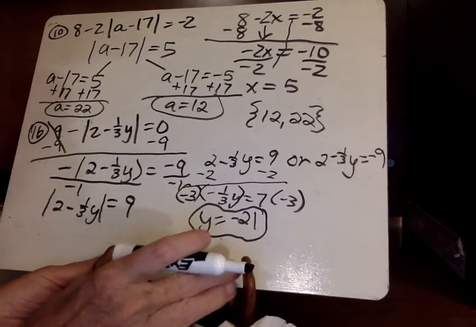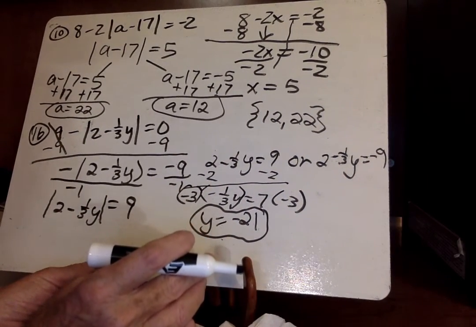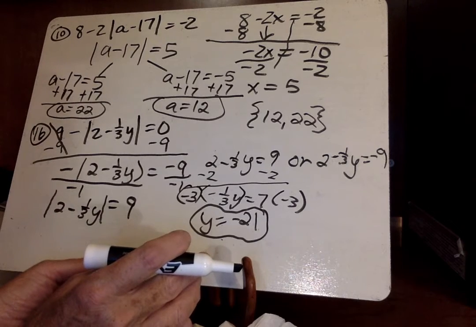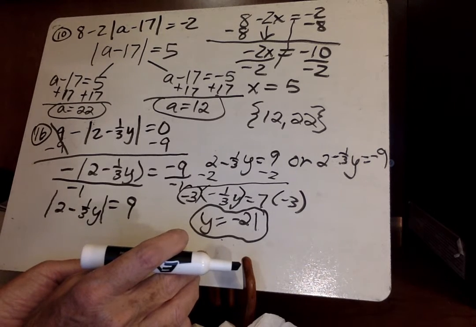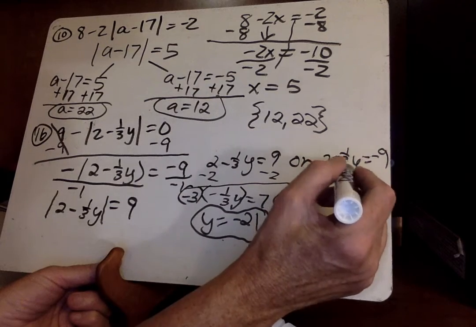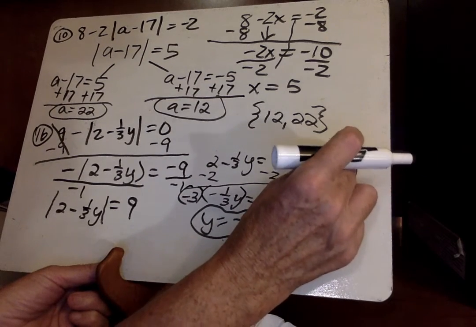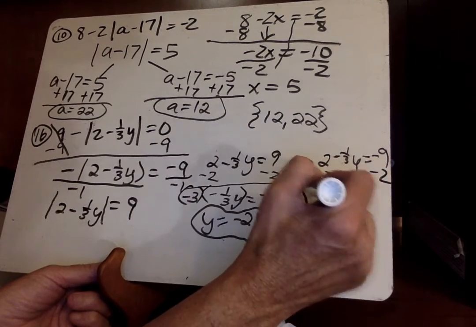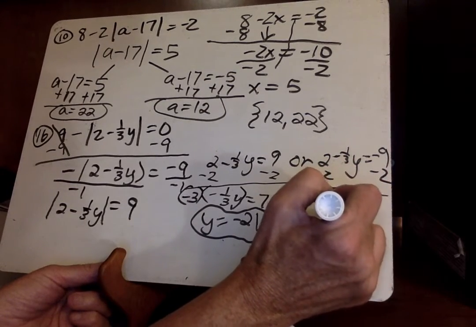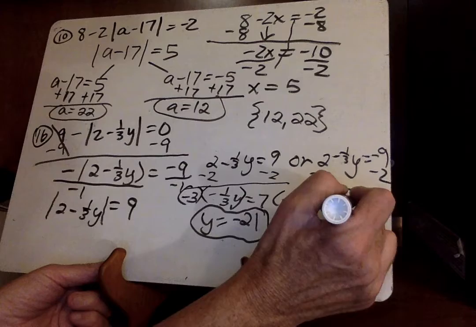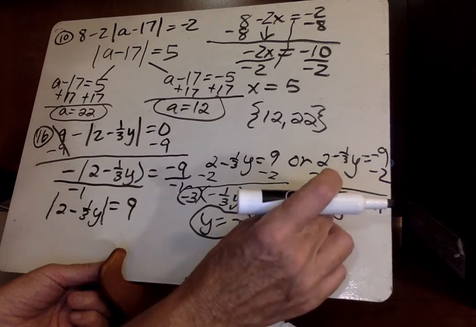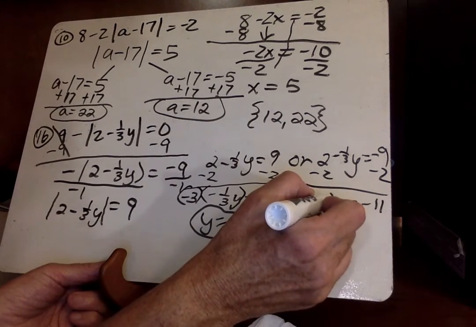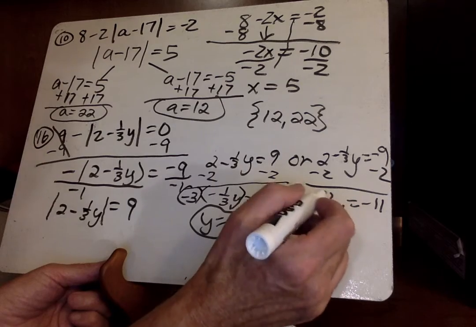Okay, the next one, 2 minus 1/3 y equals negative 9. I'm going to go minus 2, minus 2. Negative 1/3 y equals negative 11. And that's a pretty nasty, gnarly 1/3.